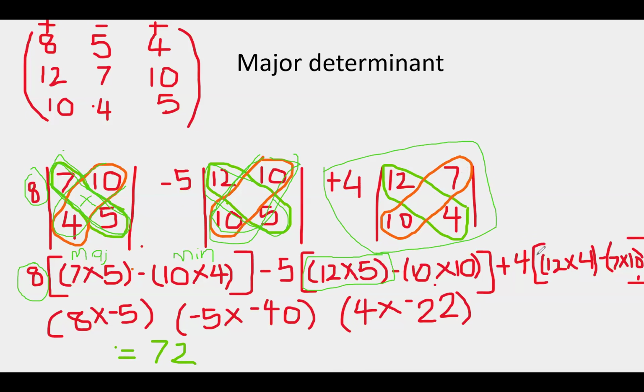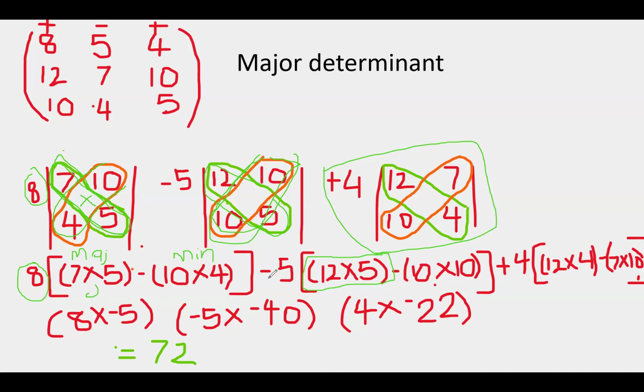So if you calculate, this obviously gives us 35, this 40. So when you get 35 minus 40, it gives you negative 5. But remember, we have 8 here, so we have to multiply it by the negative 5. So moving on to the next bracket, we have 12 times 5. 12 times 5 is 60. 60 minus 100 is negative 40.